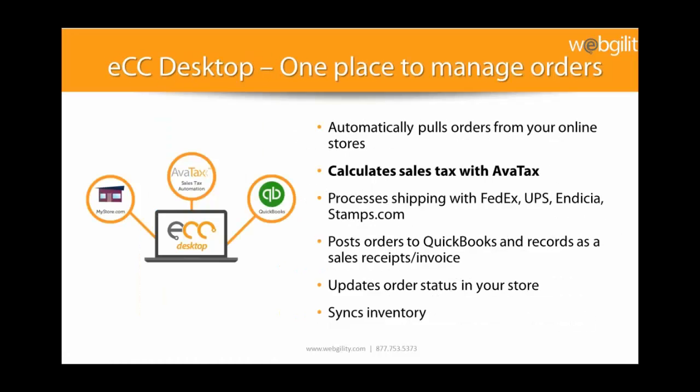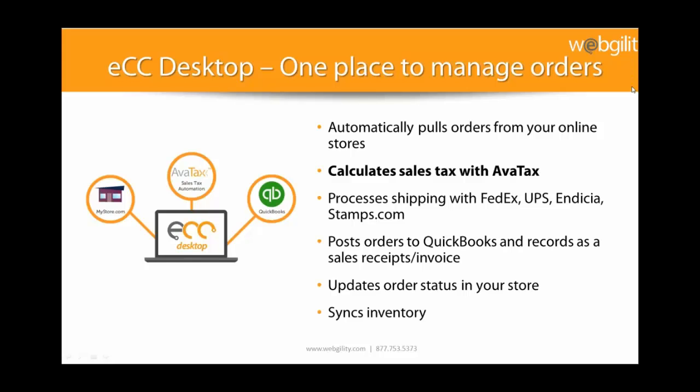So about the eCC Desktop Avalara AvaTax plugin. What does it do? Well, let's talk about eCC in general. Within eCC, you can manage all your orders in one place. You can automatically pull in those orders from your online shopping cart. With the AvaTax plugin, you can assess the sales tax as soon as that order is posted to QuickBooks. You can also process shipping and generate shipping labels within eCC Desktop.